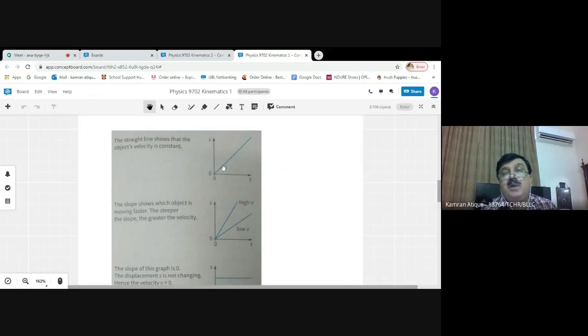This particular straight line is tilted, making a slope which is a non-zero value, making some angle with the x-axis. So clearly we can notice that as the time is passing from left to right, the distance from the origin is also being increased.